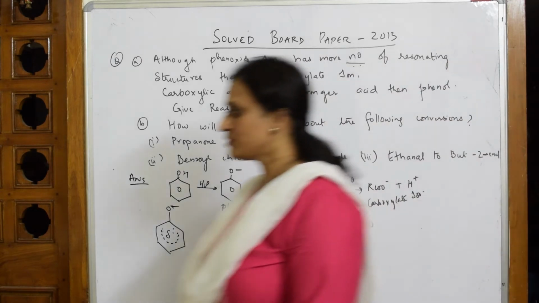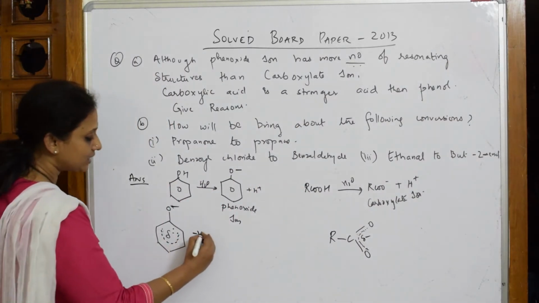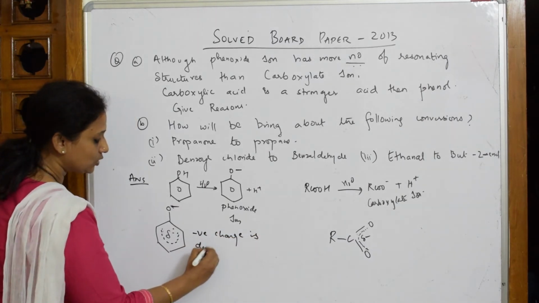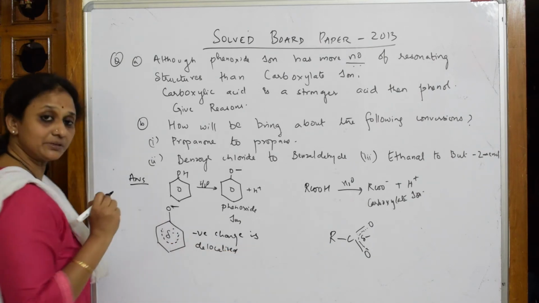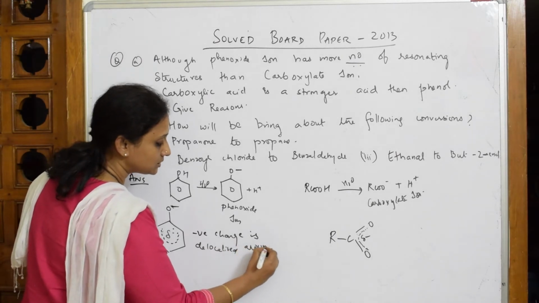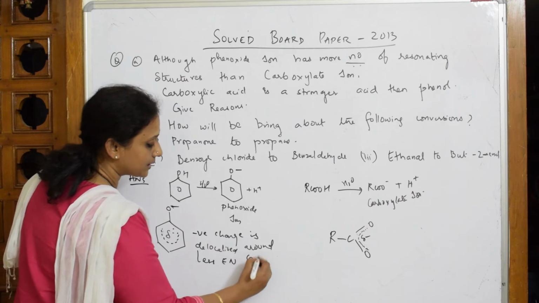Now, what are we saying here? In phenoxide, the negative charge is delocalized. Where is it delocalized? There is a carbon atom here, isn't it? Delocalized around a less electronegative carbon atom.